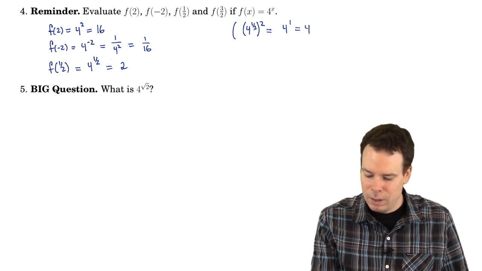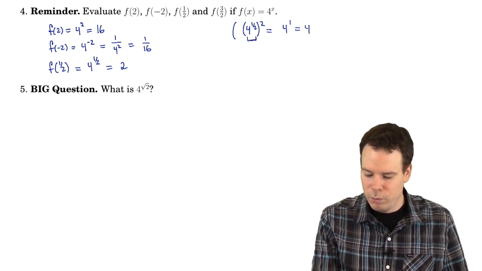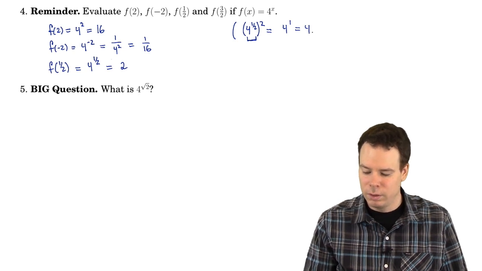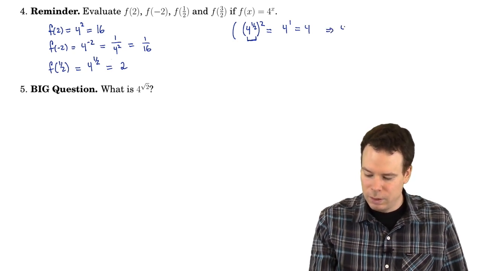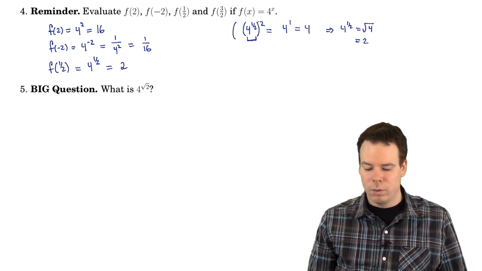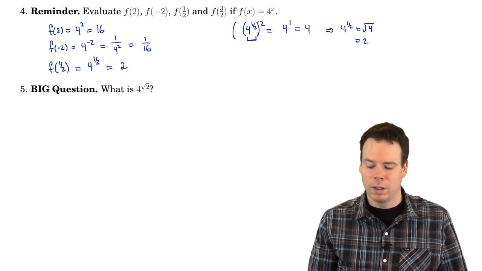So what does that mean? It means that this number, 4 to the 1/2, has the property that when you square it, you get an answer of 4. So that tells us that 4 to the 1/2 has to be the square root of 4, or in other words, it's 2. And here, 4 to the 1/2 is a positive number, so that's why we're looking at the positive root.